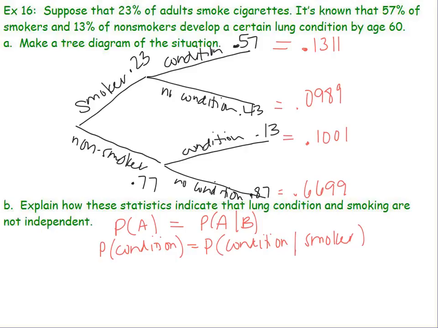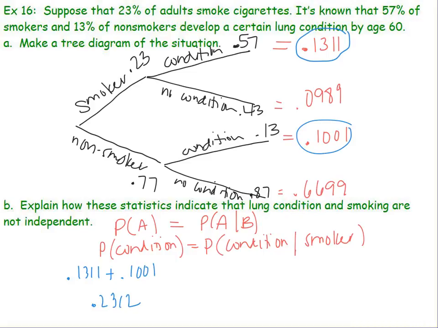So first let's look at simply what's the probability of getting the condition. So the condition numbers are here and here. So this side would be 0.1311 plus 0.1001, which would equal 0.2312. That's the left side taken care of.